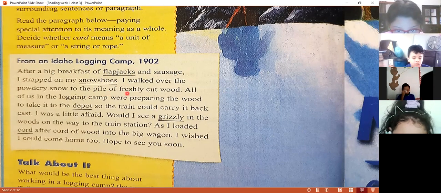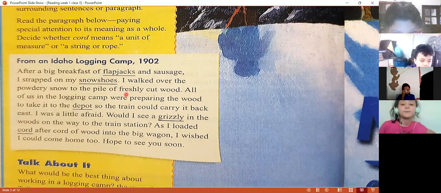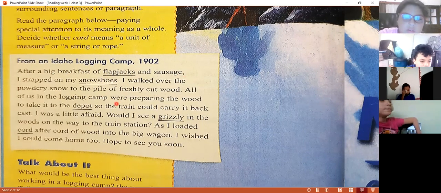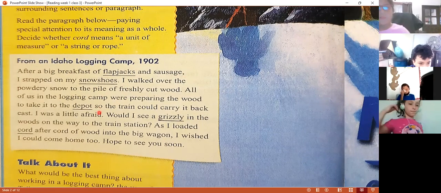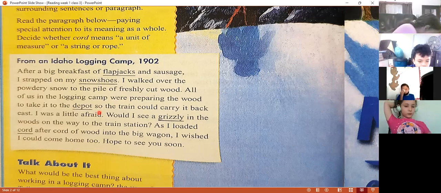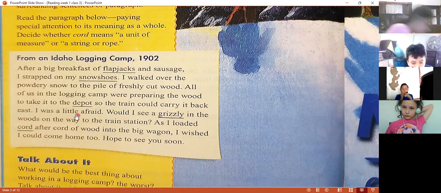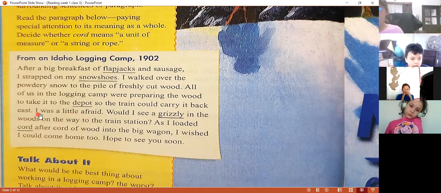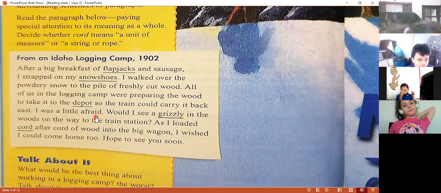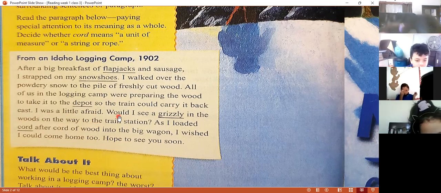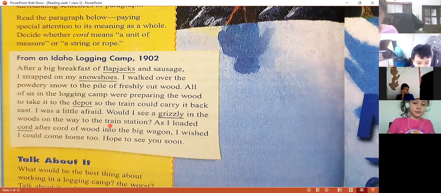All of us in the logging camp were preparing the wood to take to the depot so the train could carry it back east. Okay, thank you, Khaled.